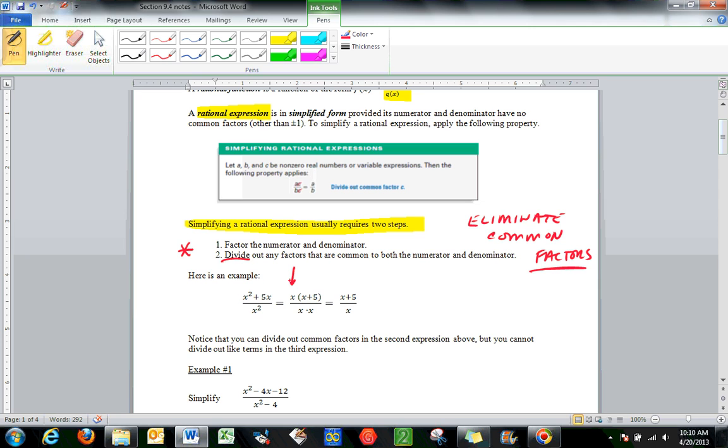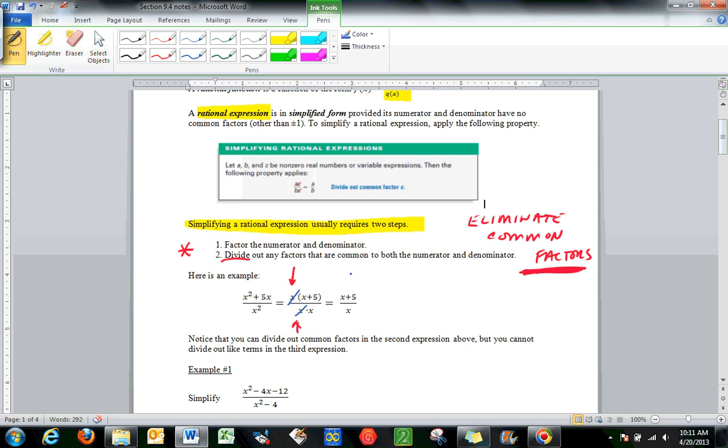And then of course we've done factor trees with x squared, so that gives us an x and an x. Now what we want to do is factor out the common factors. Again, that's an important term because you can see here that this x on top and one of these x's on bottom would cancel out, leaving us x plus 5 over x.